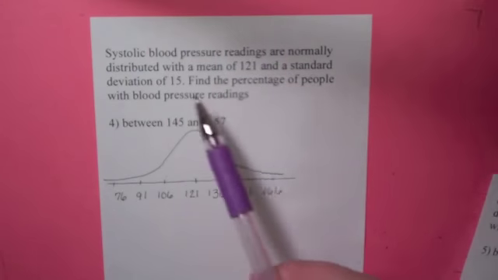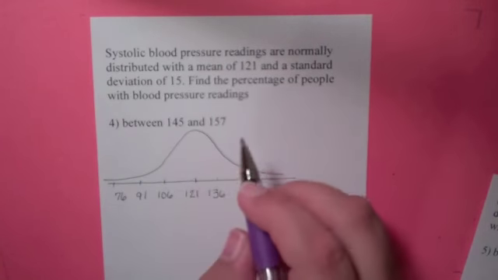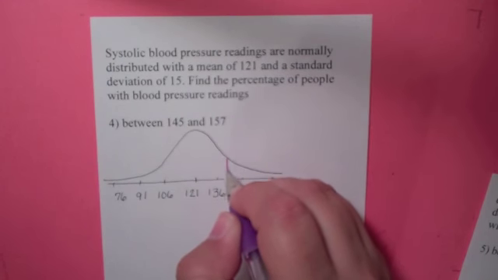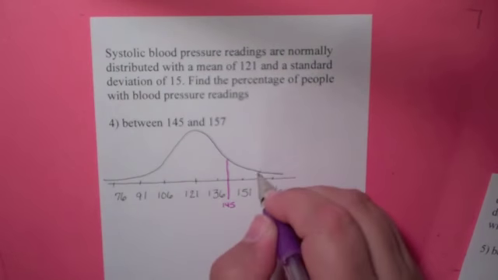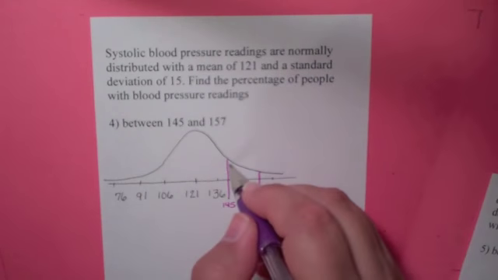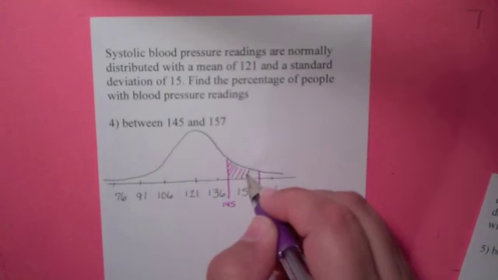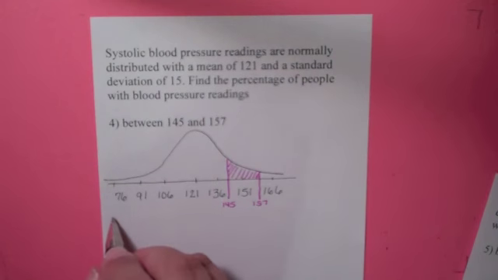Same problem. Find the percentage of people with blood pressure readings between 145, which is about right here, and 157, which we could say is right here. And I want between, so I'm looking for this area in here. Okay. All right, I need to find an area. I have to use my table, which means I need z-scores. Okay, so let's find the z-score for 145.